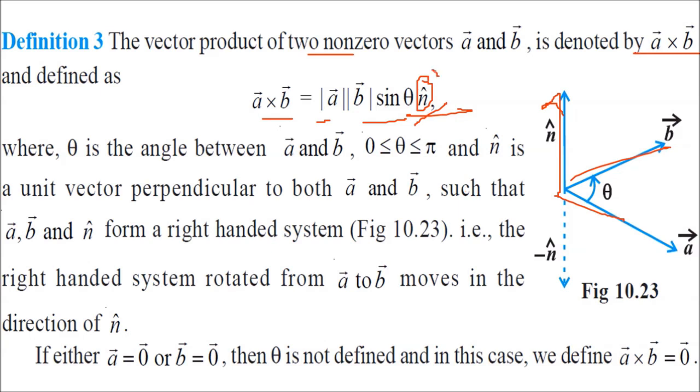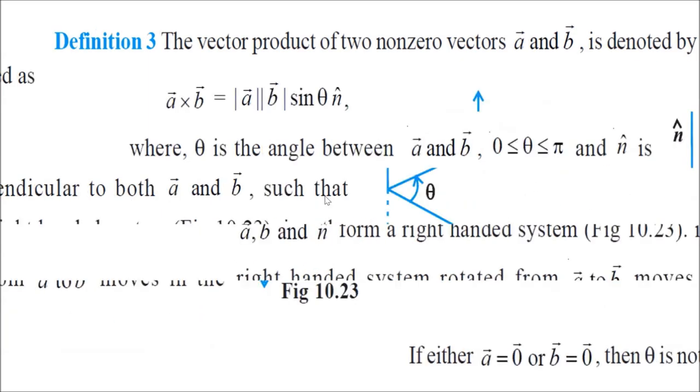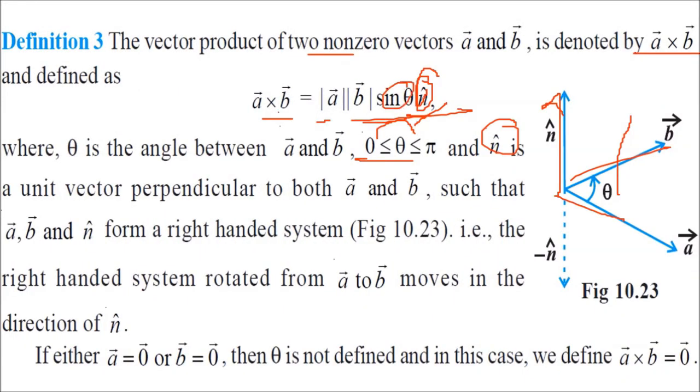But here we have a result which is again a vector, where theta is the angle between a and b and lies between 0 and pi, and n cap is the unit vector perpendicular in the right-handed system. If sine theta is 0, a cross b will be 0.